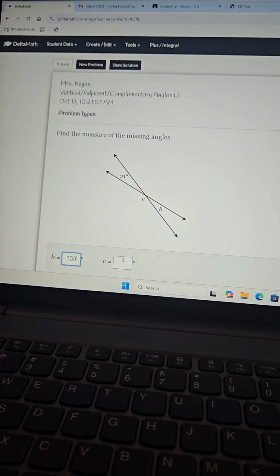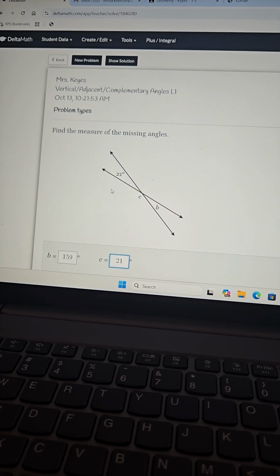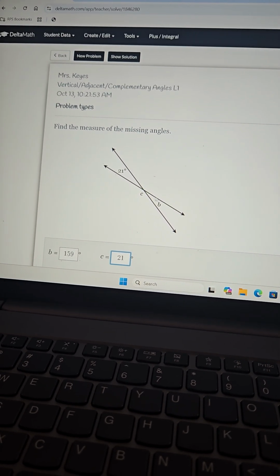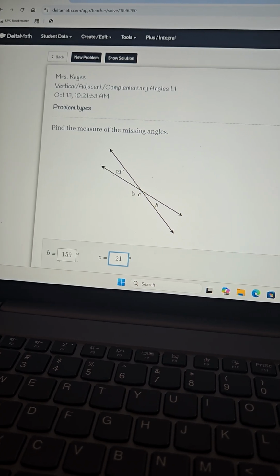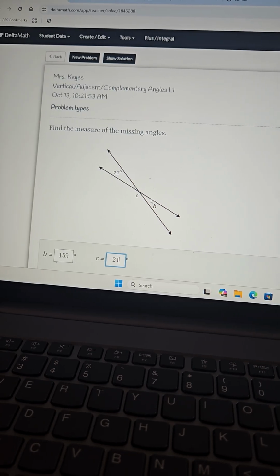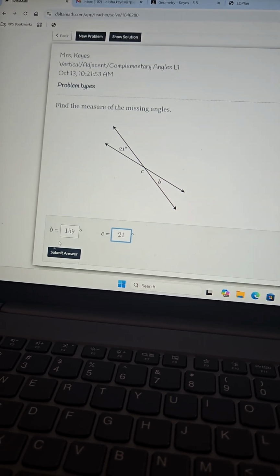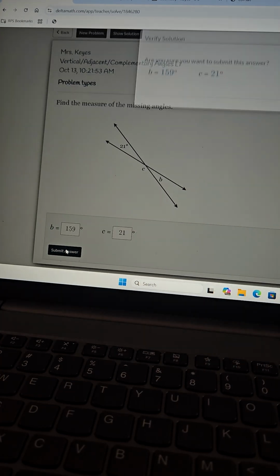So if you knew that, then this is 21. But if you did not remember that, C and B make up this line. You just figured out C's 159. You could do 180 minus 159 to figure out that B was 21. So whichever way makes more sense to you, that's what we can do.